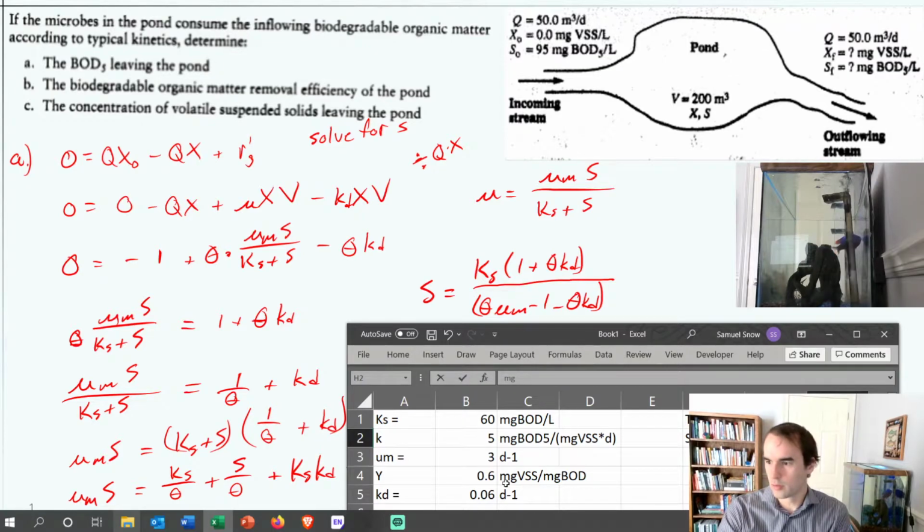And our S should be in milligrams BOD per liter. And if we double check in the book, that is the answer. So good.